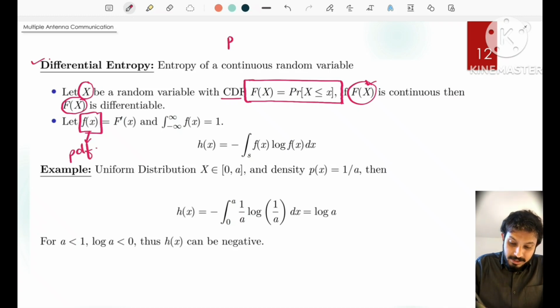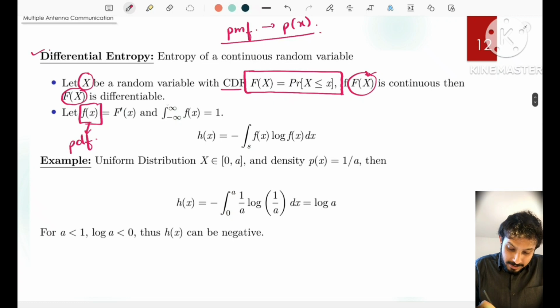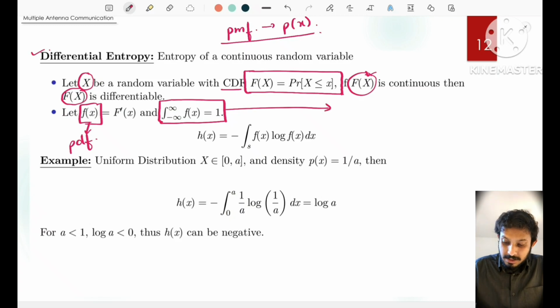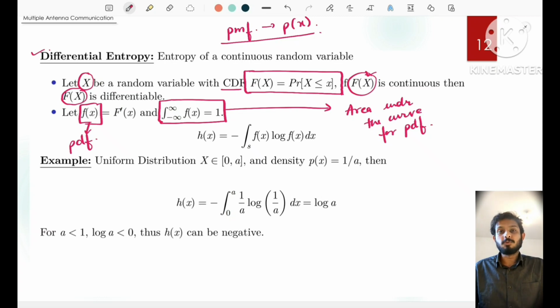In the discrete case, we have probability mass function represented by P of x. And the integration from minus infinity to infinity of the PDF is equal to 1. That means the area under the curve for PDF is always equal to 1.